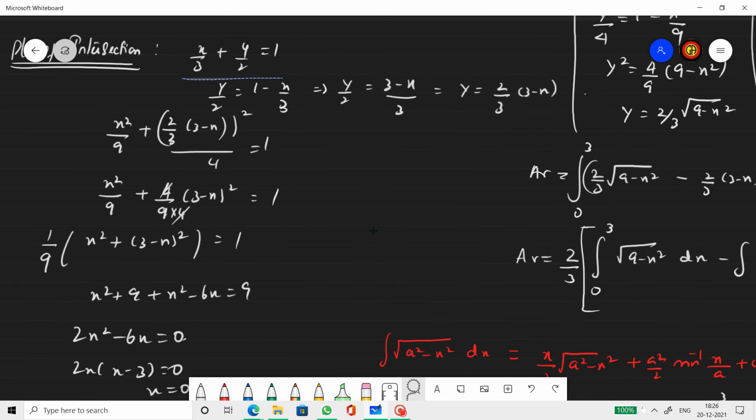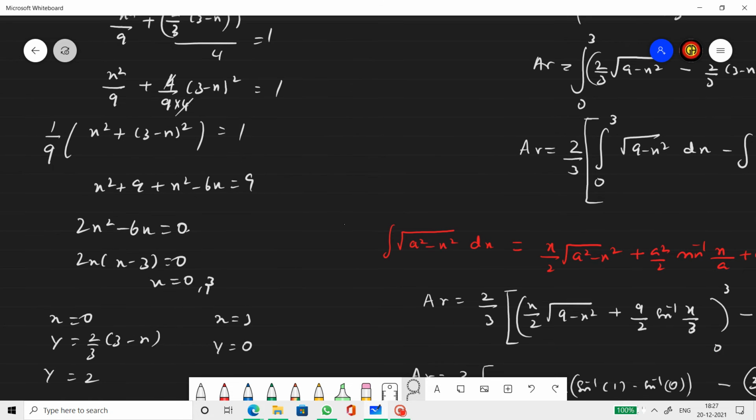So this is the equation of the line. Made it in terms of x, substituted in the place of y in the equation of the ellipse. Squared it, so it's 4 by 9 into (3 minus x) the whole square. And then simplified it to an extent where I can find the value of x. So the x values are 0 and 3.